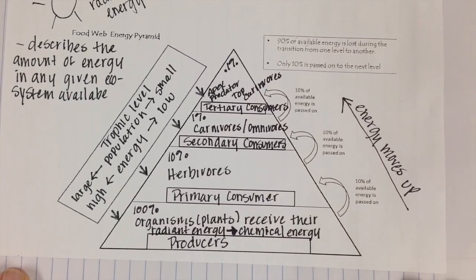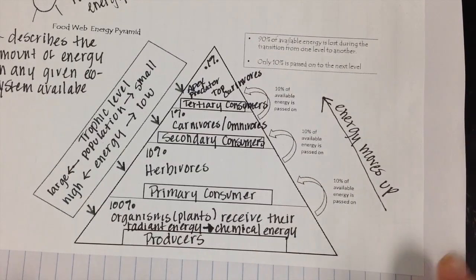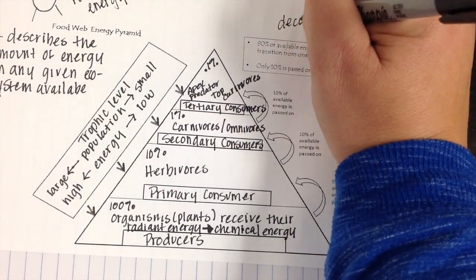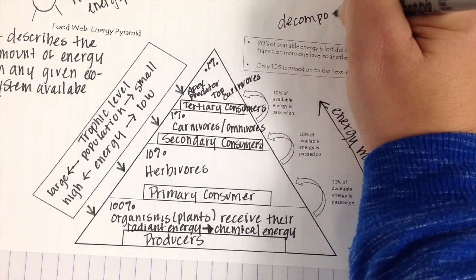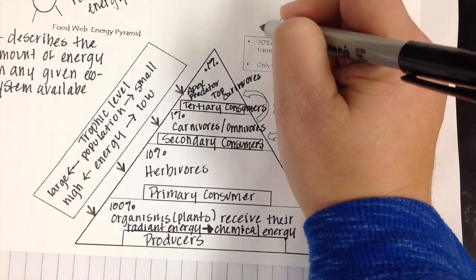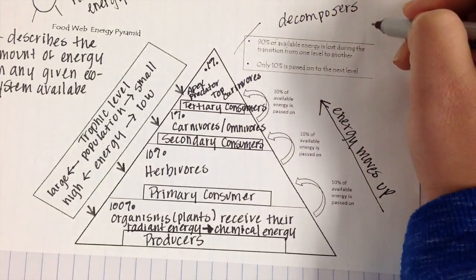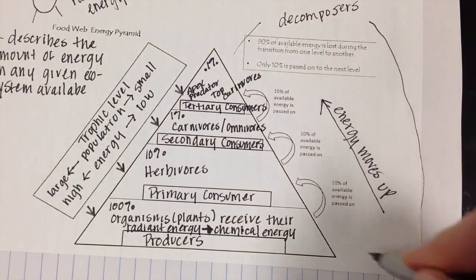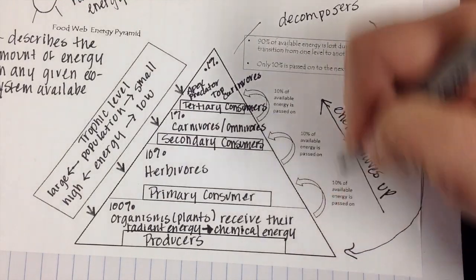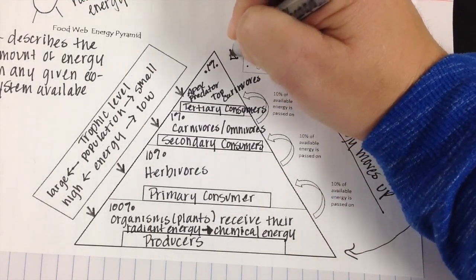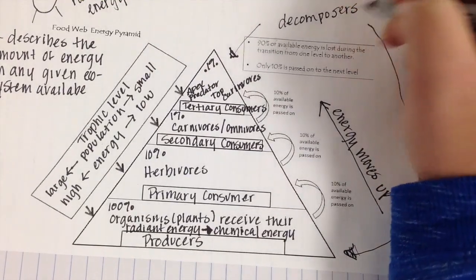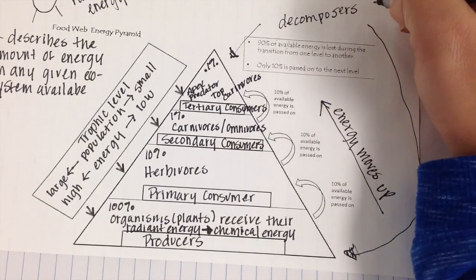And remember, where do decomposers go in this map? So let's add our decomposers. They would be at any level. So they can be down here. They can be at the top. So anything that dies is going to be broken down and the energy returns back to the earth.